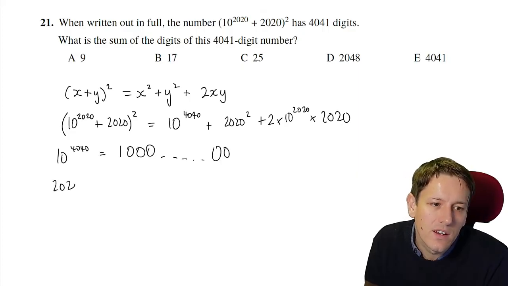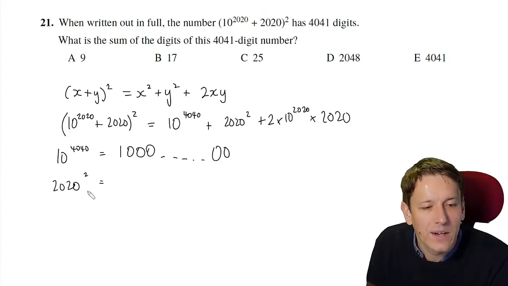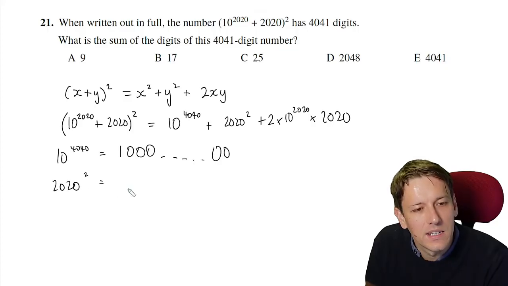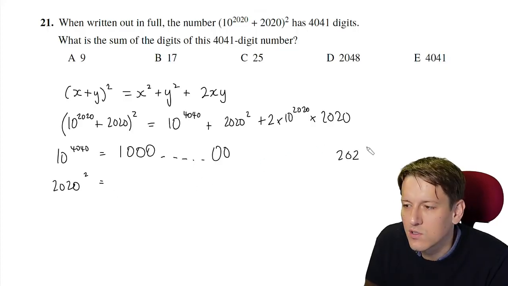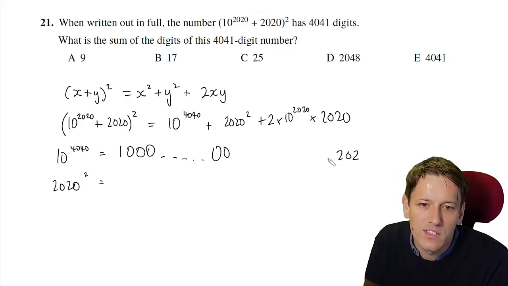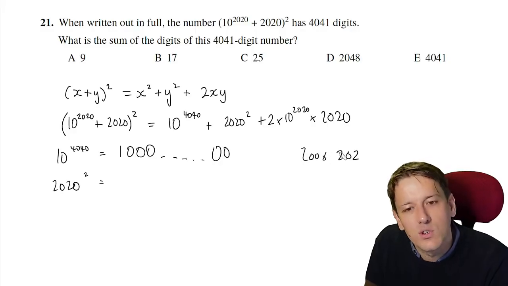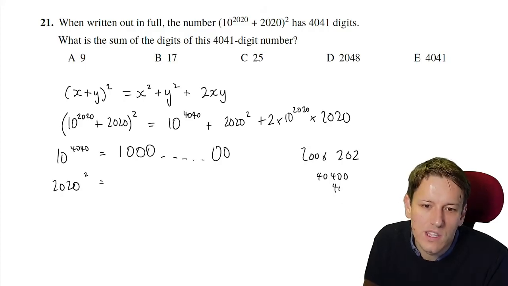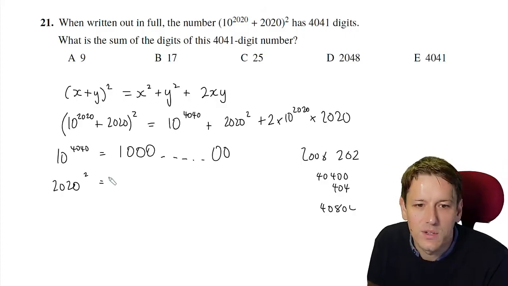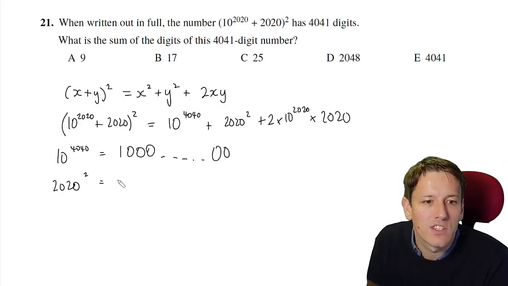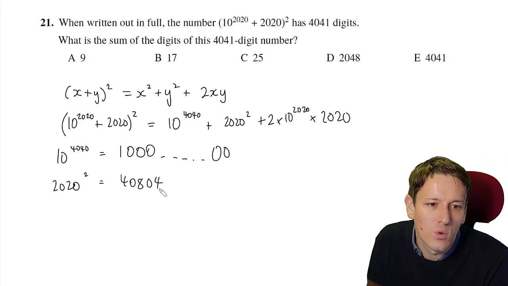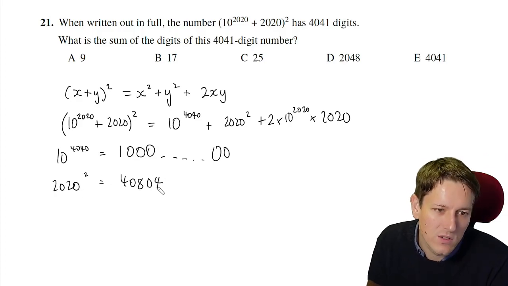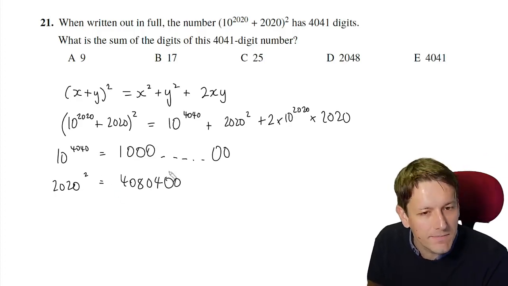2020 squared, well, we can just work that out. I suppose I could do 202 squared. So 200 times 202 would give me 40400, and then I'd need to add on another 2 lots of 202, so that would be another 404, so I'd get 40804, or you could just do it as an ordinary multiplication if you want to, and of course that was 202 squared, so 2020 squared would have another 2 zeros on the end.